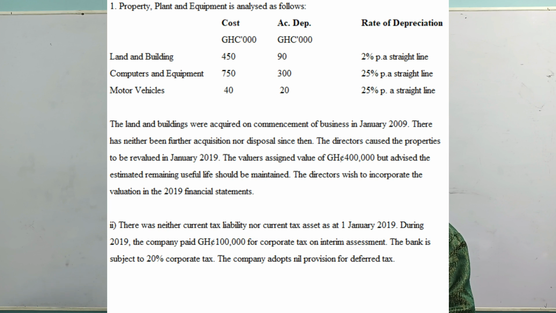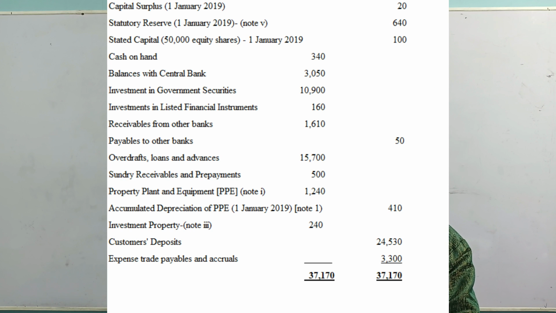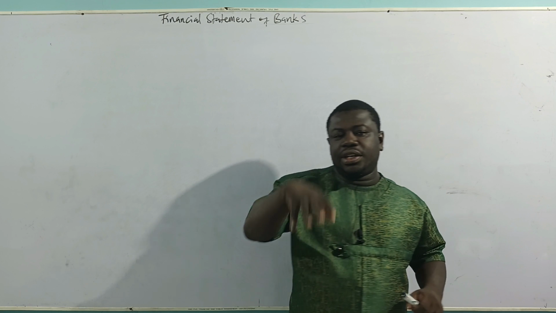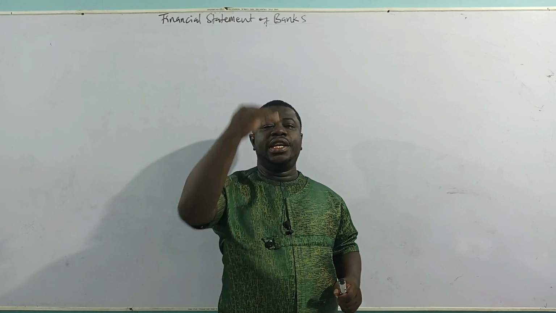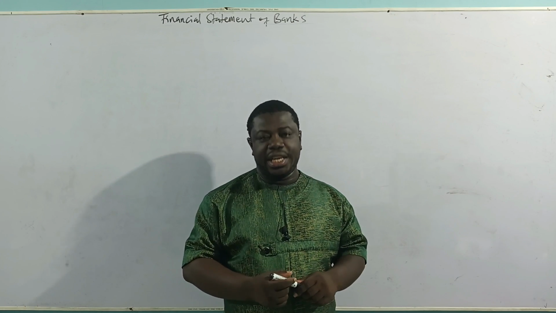Computers and equipment is 300. Motor vehicles is 20. If you add those 3, 90 plus 300 plus 20, it's going to give you 410. So let's go back to the trial balance and check. Accumulated depreciation of PPE as at 1st January 2019 is 410. So it's the same figure. So what we are trying to say is that those things that are down there are not new. They are only explaining the information that you already have in the trial balance.